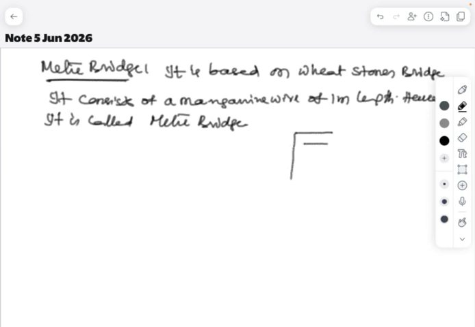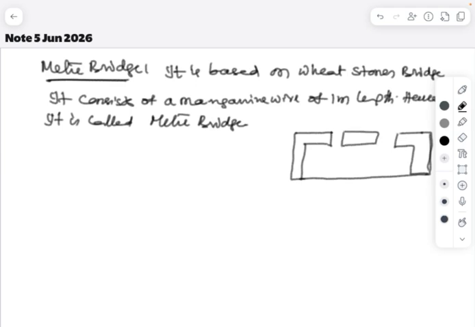Two L-shaped copper strips A and B are fixed on a rectangular wooden board of length 1 meter.